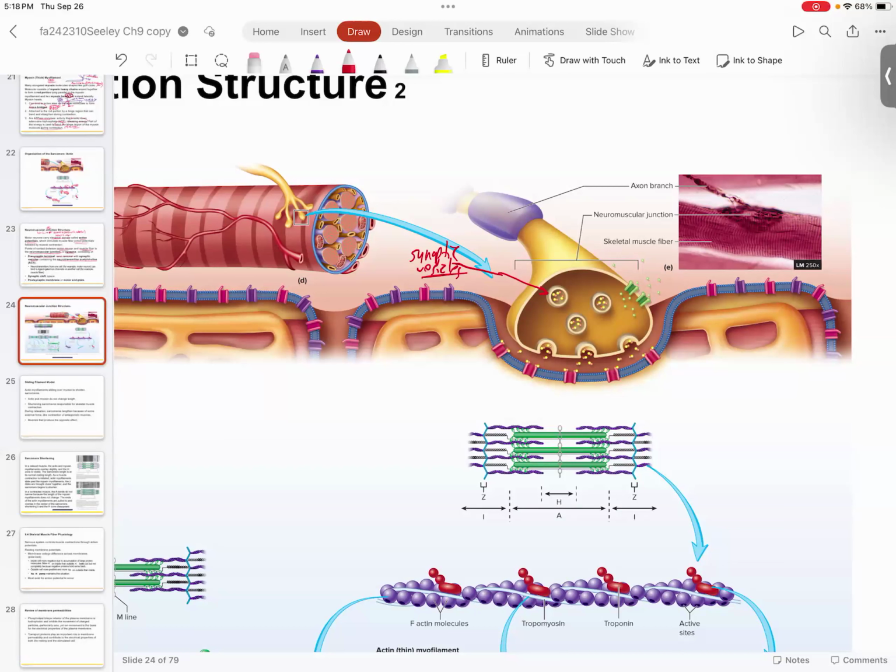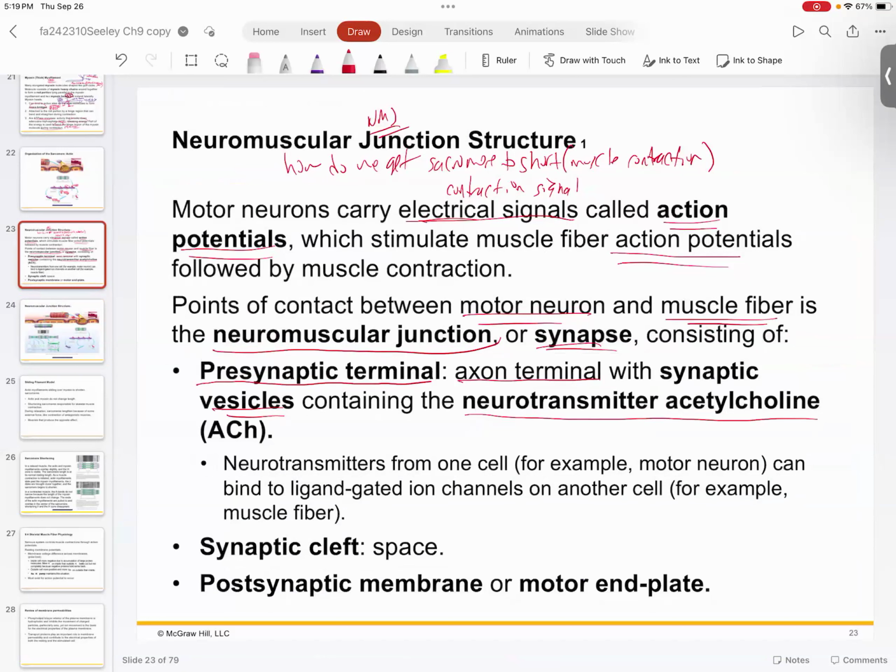Now, what happens is as the action potential goes down, so here's kind of what it looks like, we're blowing this image up. As the action potential goes through the neurolemma of the axon, it's going to arrive at the axon terminus where these synaptic vesicles await, loaded up with their acetylcholine neurotransmitter.